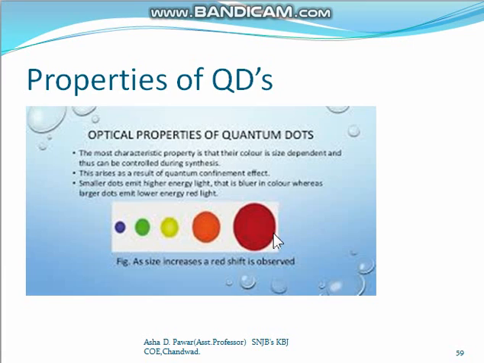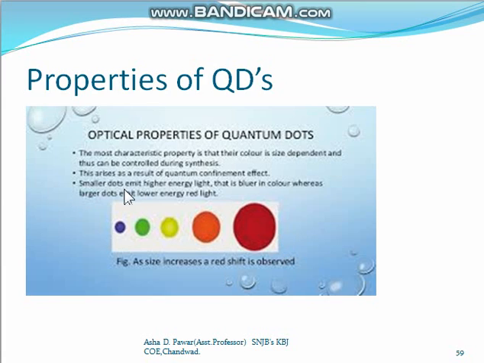And during the synthesis of quantum dots, which are one type of nanomaterial, if we prepare different sizes of quantum dots and observe the optical property, it is observed that as the size increases, the color changes.